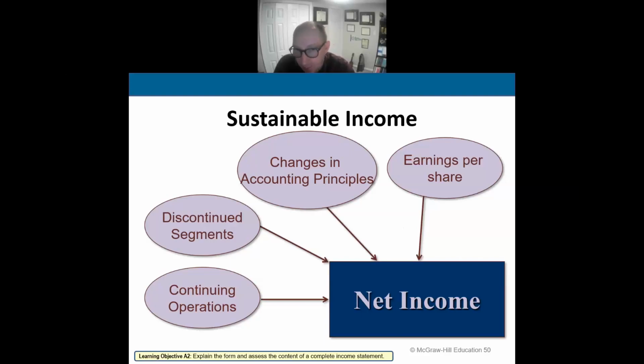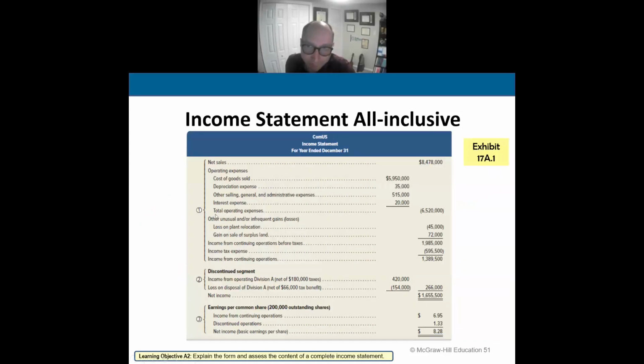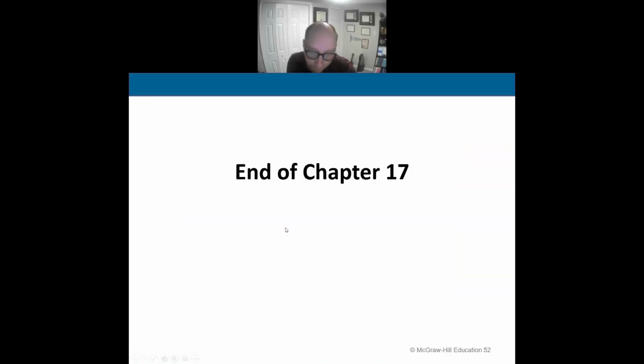Sustainable income tells us a company's ability to stay in business, to keep earning income, right? And we can figure out if a company has sustainable income by looking at things like changes in accounting principles, earnings per share changes, discontinued segments, discontinued products, or the continuing of operations. And we can analyze the income statement based off of that kind of information. That's kind of what it shows.